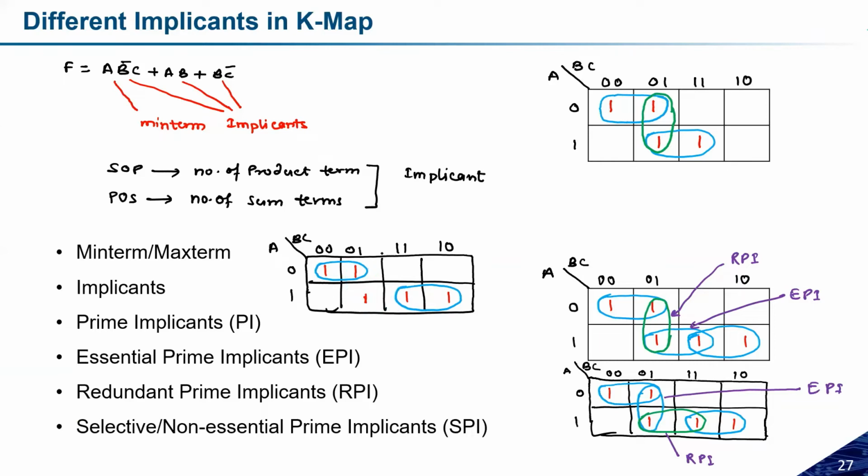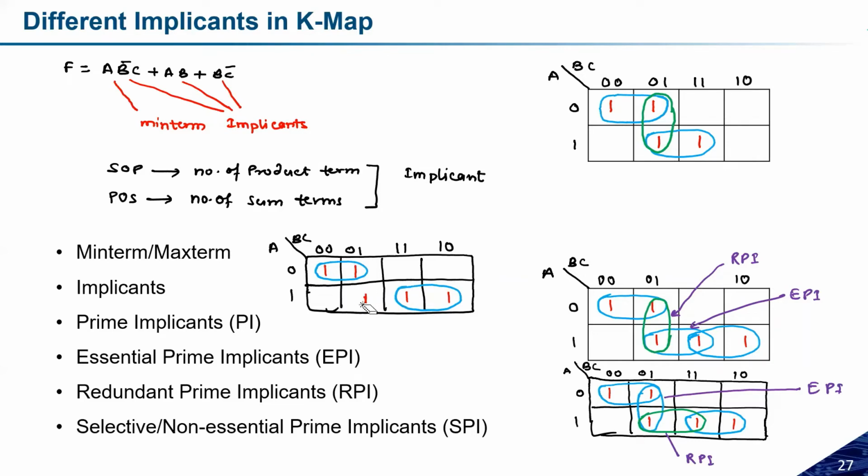So this pair and this pair are the essential ones, so these two are the essential prime implicants. If I consider this as essential, this will become the redundant one.